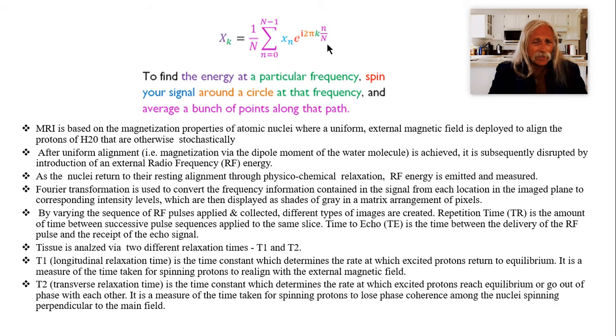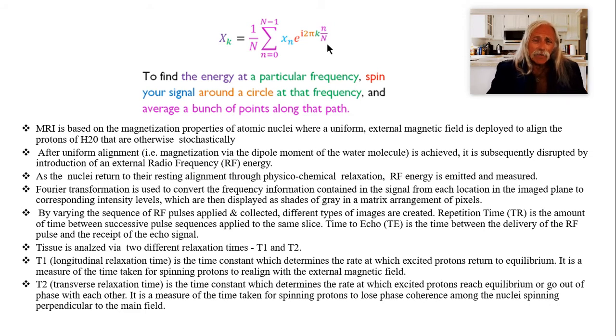Fourier transformation is used to convert the frequency information contained in the signal from that RF from each location in the imaged plane to corresponding intensity levels, okay, which are then displayed as shades of gray in a matrix arrangement of pixels. That's what we just saw in those MRI images.